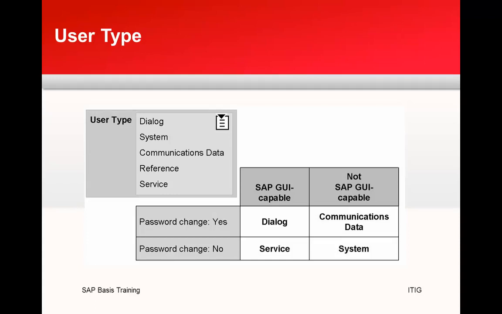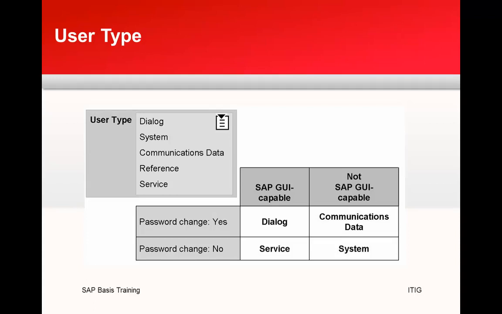So these are the different activities in which a system user is used. One key thing to note here is that you cannot log in using SAP GUI to a system user, so just take note of it. And users of system type are exempted from the validity period of the password.